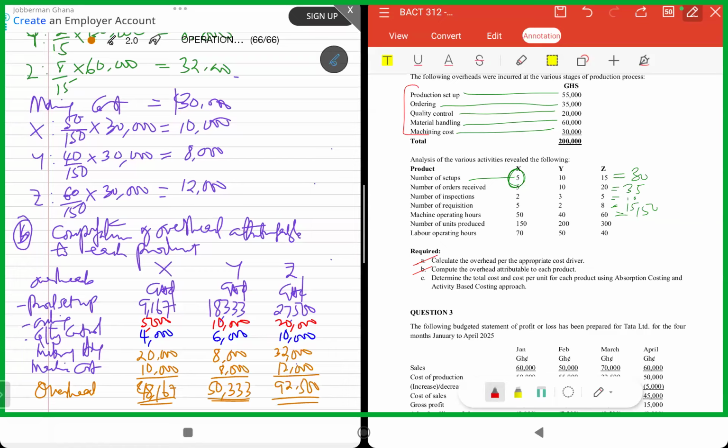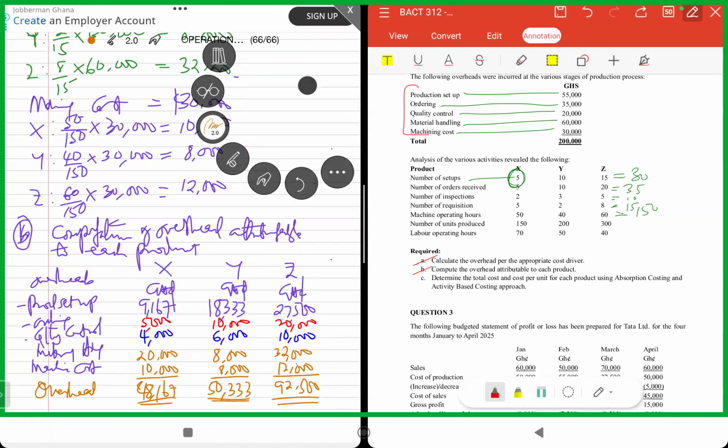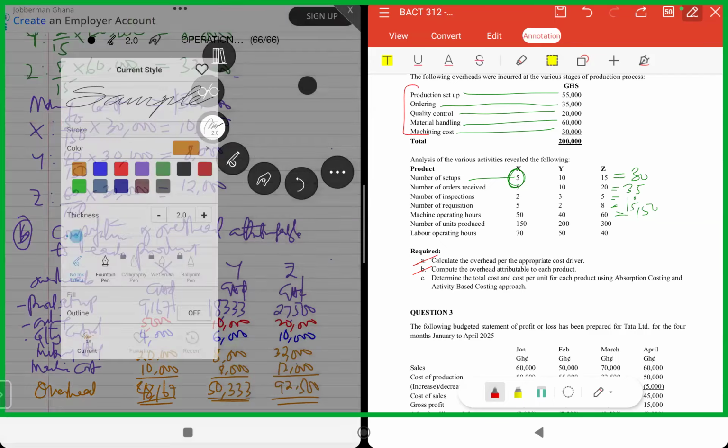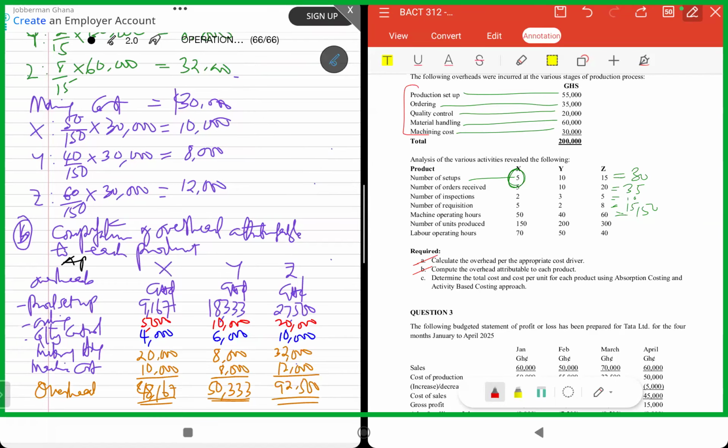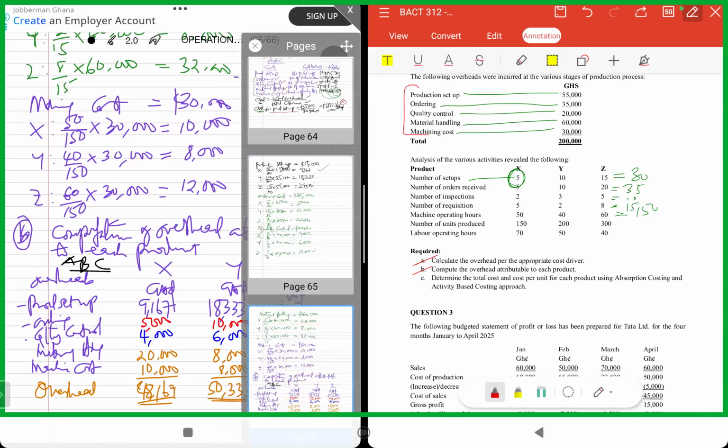The overhead attributed to each product that we just did is for activity-based costing. So you have to write it at the top. Now you have to calculate the overhead also for the traditional absorption costing.